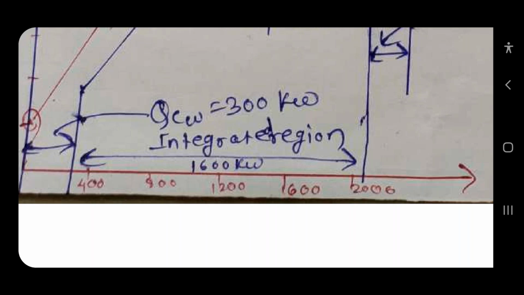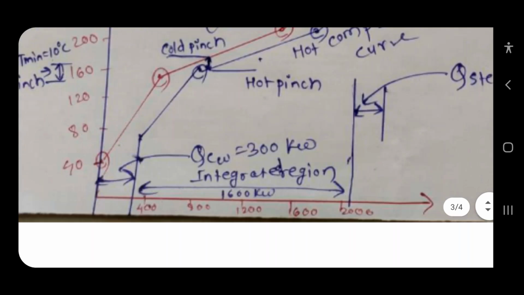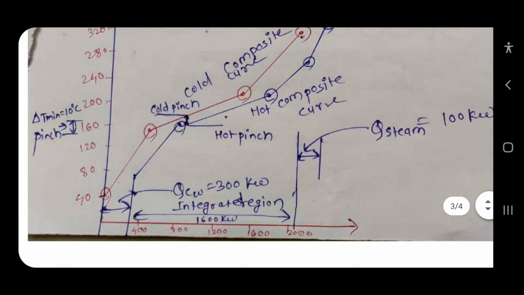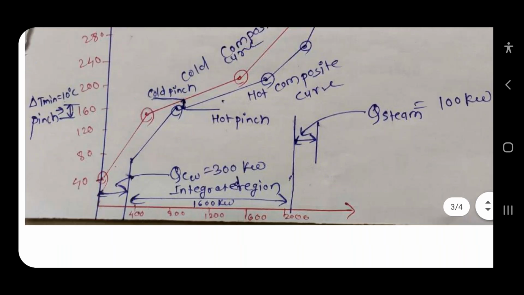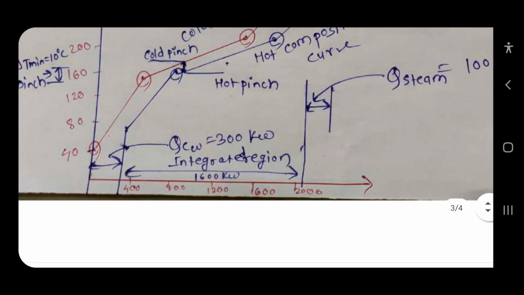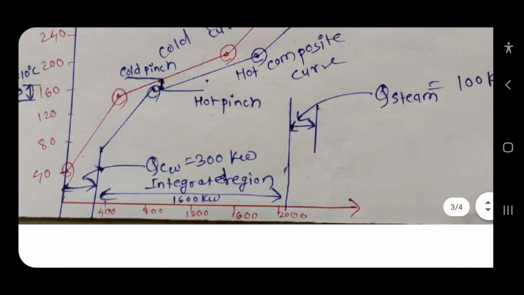The internal part of this curve is nothing but the integrated region. Have a look, integrated region. So this much heat integration you can save. How much energy can you save here? Around 1600.